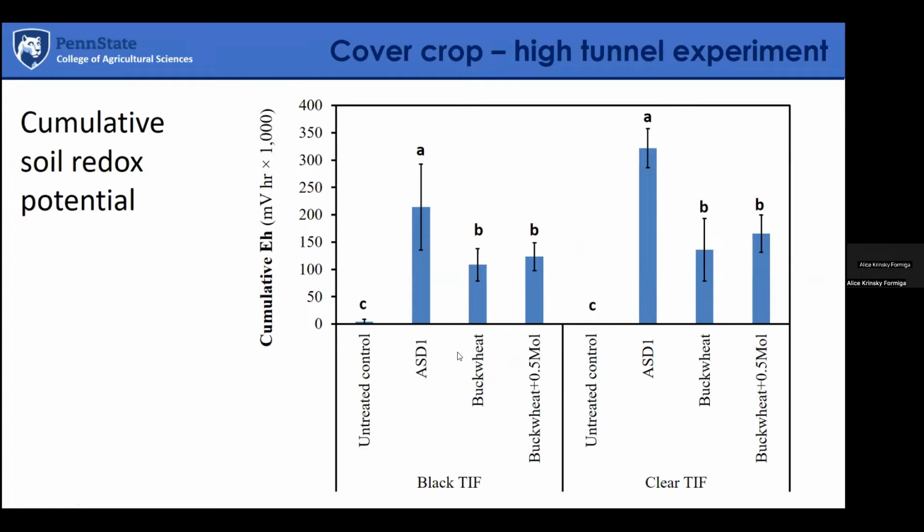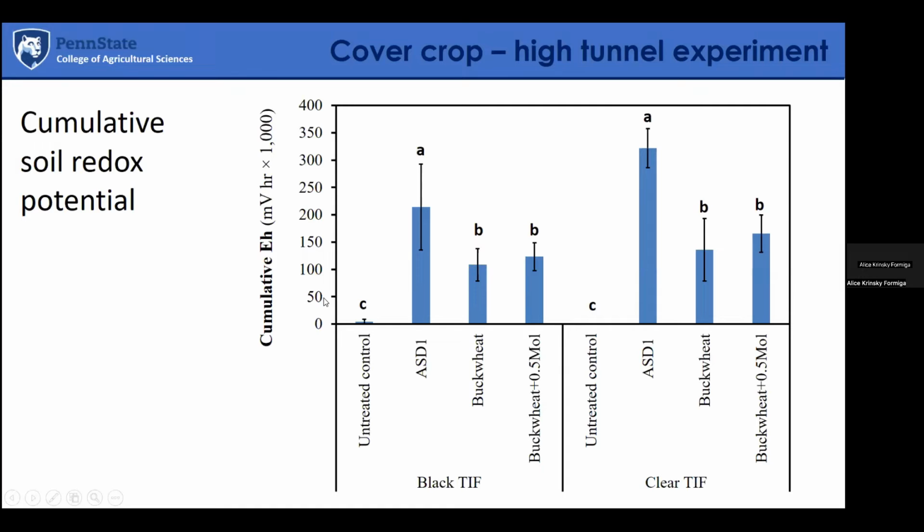And in this cumulative redox potential, what we can see here is the molasses applied at full rate without any carbon source, with clear and black TIF. There was no difference between clear and black TIF in terms of statistical significance. And whenever we use buckwheat by itself or combined with a half rate of molasses, we still got very good anaerobic conditions, but it was not comparable to the molasses itself.